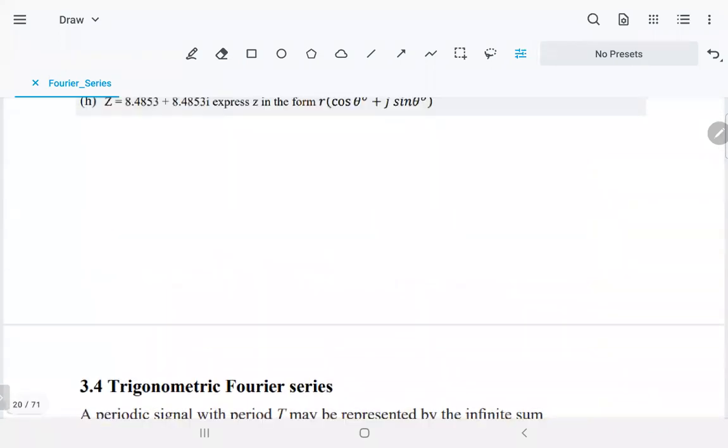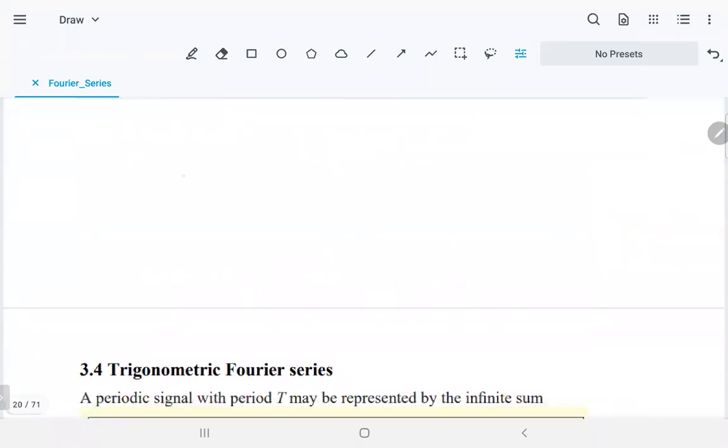If you have a pure sine wave with maximum 5 and minimum minus 5, you find the area and the average equals 0. Why? Because the positive area equals the negative area. When you add them and divide by the period T, you get 0. It means there is no DC component in this one.